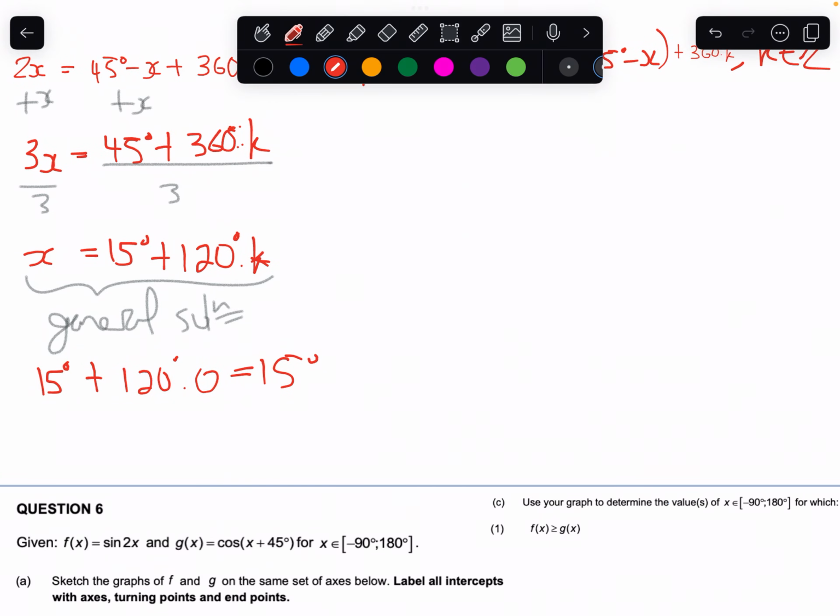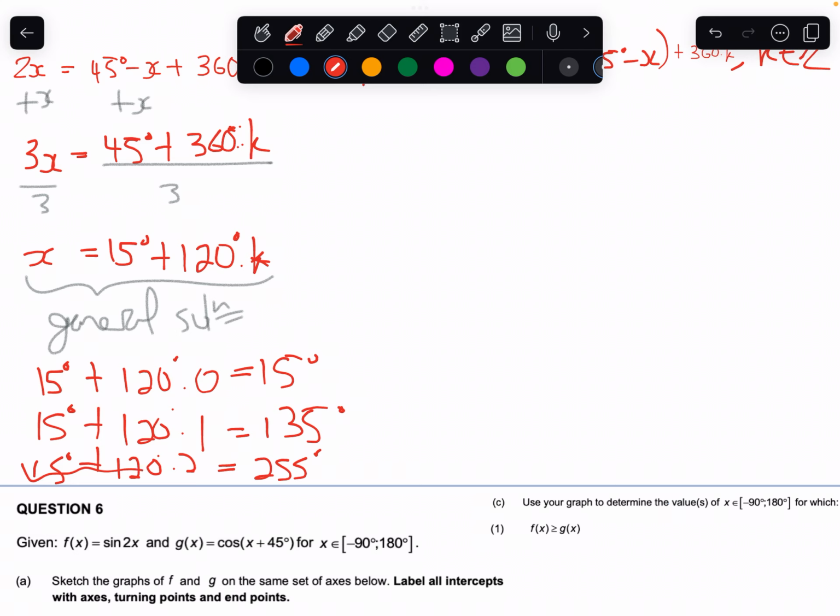But let's just see if we were to add 120 times 1, then we get 135. Oh my goodness, sorry, my bad. So that gives us 2 solutions. And if we try to add another 120, so 120 times 2, then we're going to end up with 255, which is too big, right? That's out of the domain we're looking at.